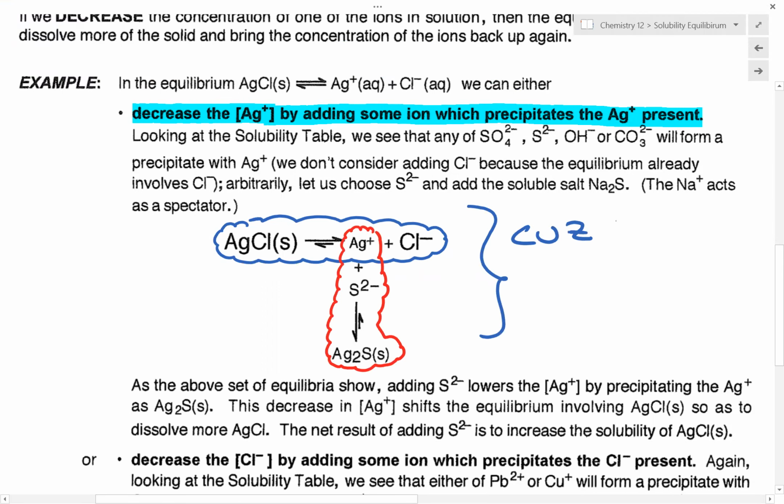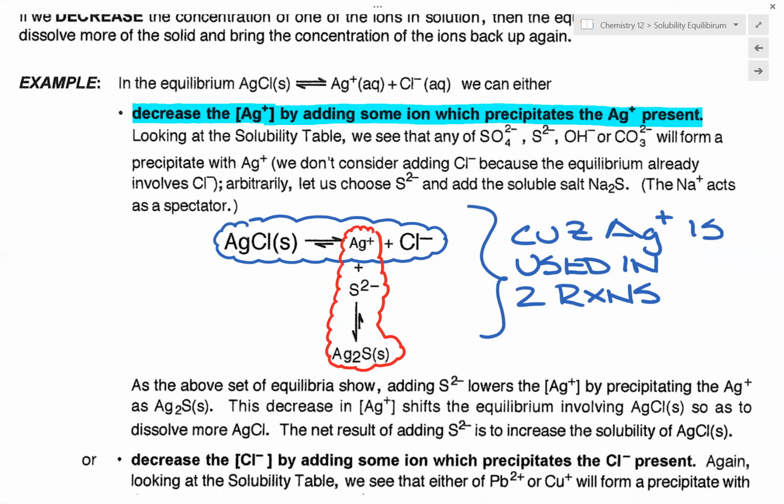Because Ag+ is used in two reactions, the one for the silver chloride equilibrium and the other for the silver sulfide, the concentration of Ag+ decreases. And what happens is that the silver chloride solid will dissolve more.